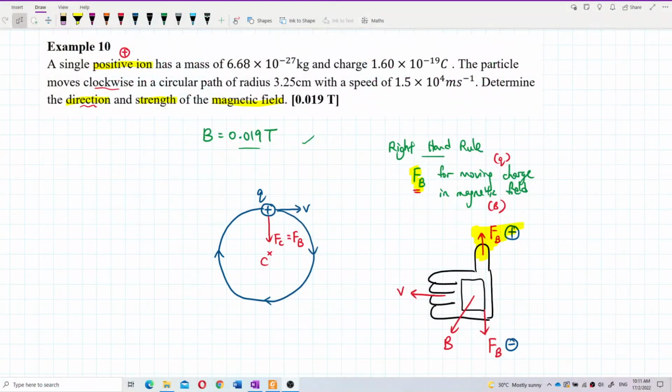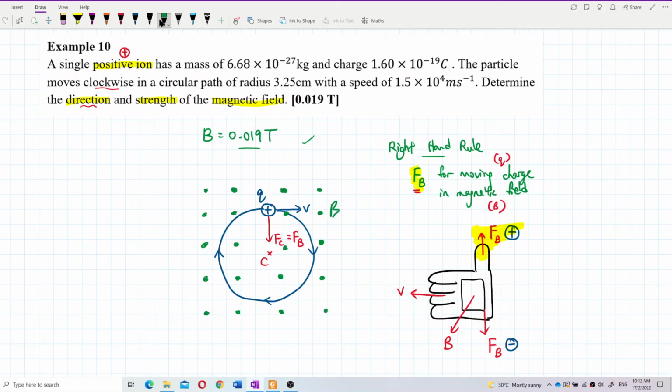Okay, going back to our slide. Using our right hand rule, we found that the magnetic field is actually going out of page, so you have to draw it as a dot.